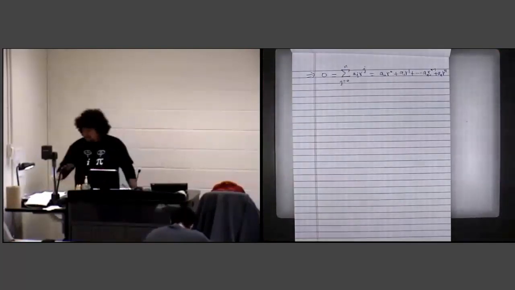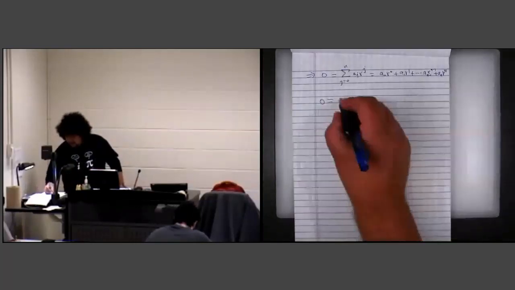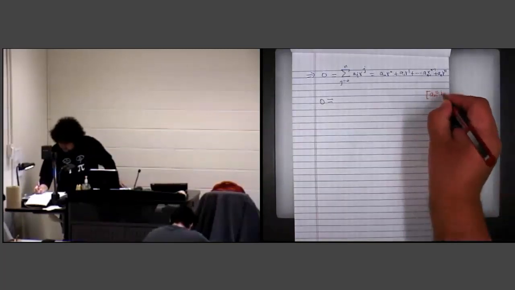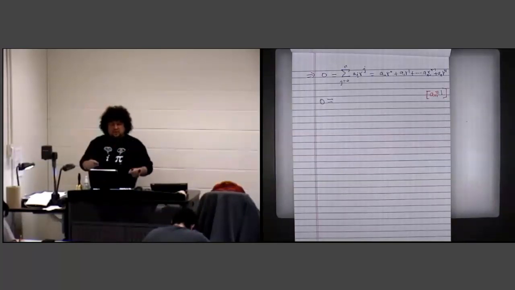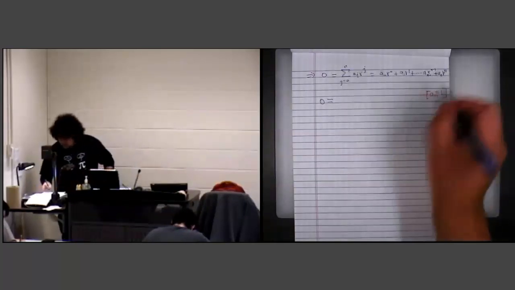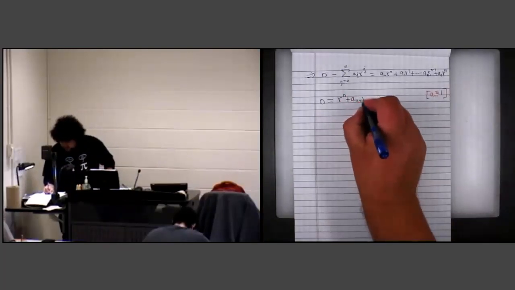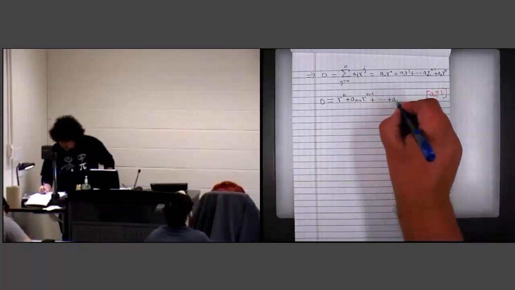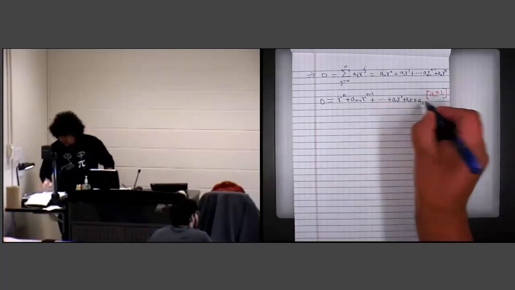I can write the highest power first, and part of what we're assuming here is that a sub n is equal to 1. That's the coefficient of the leading derivative, the highest order derivative. So I can write the highest power first: r to the n plus a sub n minus 1 r to the n minus 1, all the way down to a sub 2 r squared, a sub 1 r plus a sub 0.